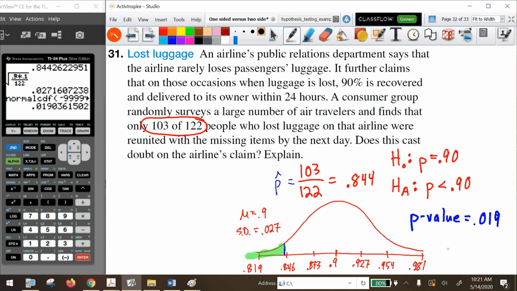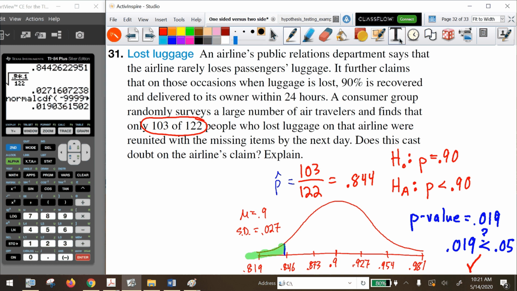Is 0.019 less than 5%? Yes, it is less than 5%. So that's enough evidence for us to reject our null hypothesis.